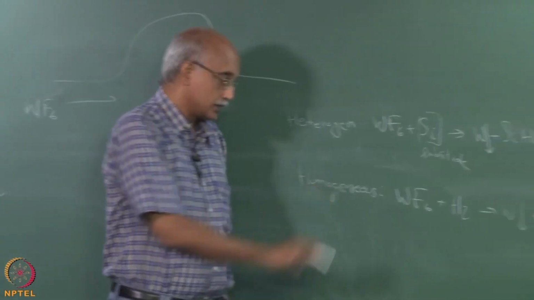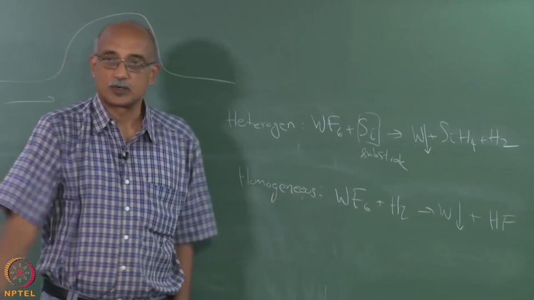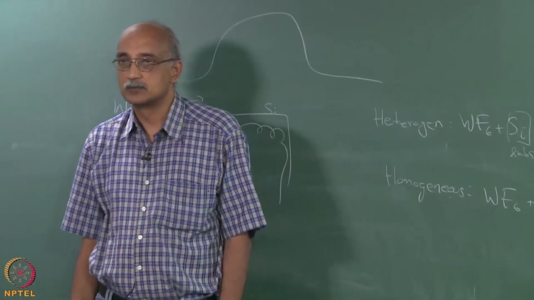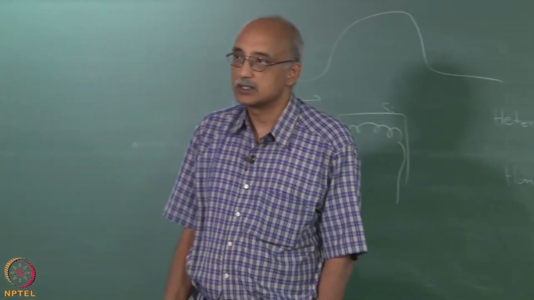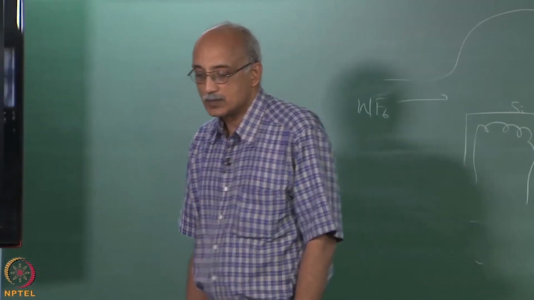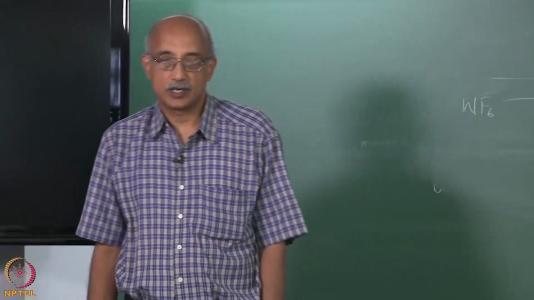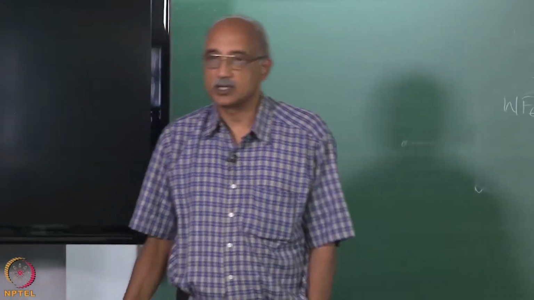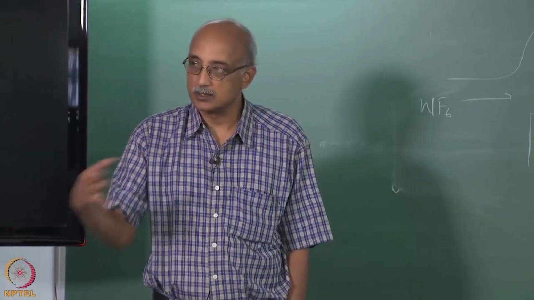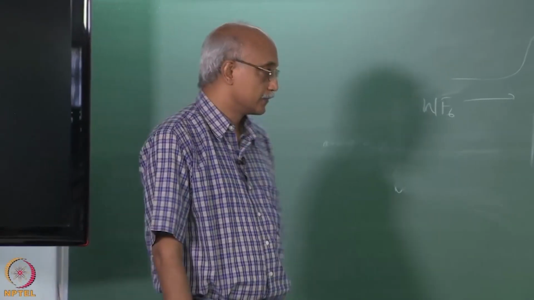The drawback to this, what is the main drawback to this process that you can see? Yeah, HF is the byproduct. So, not easy to handle, and so you have to provide appropriate protocols to make sure that the HF is captured and not emitted into the atmosphere.